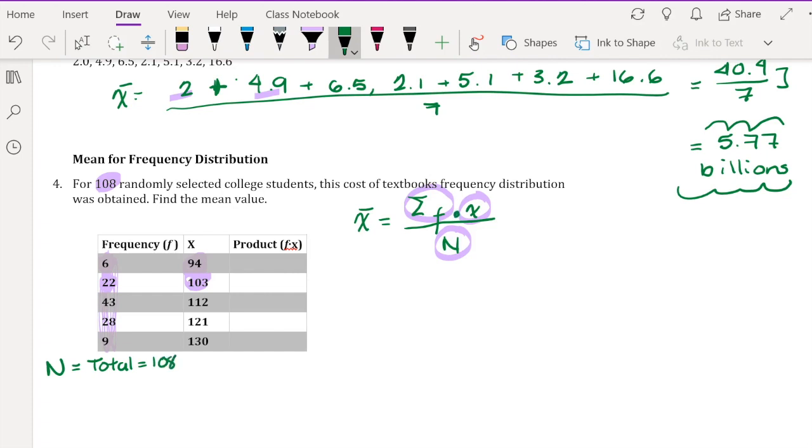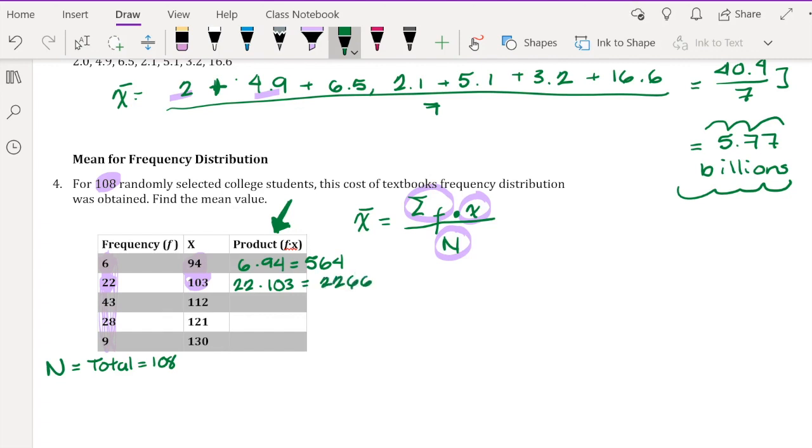Notice we have to do the product in this formula, and you actually have this column for that. So what you have to do is 6 times 94, and that is conveniently 564. Then it would be 22 times 103, and that would be 2,266.